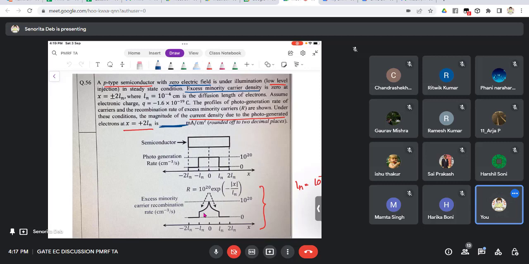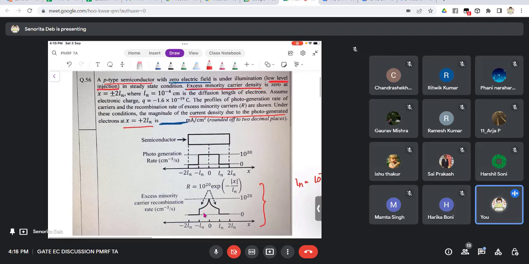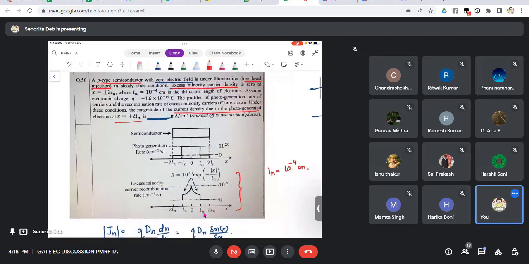Okay, so the question is a p-type semiconductor with zero electric field under illumination, low level injection. Low level injection means there will be minority carriers. As they have written, excess minority carrier density is 0 at x equals plus minus 2 Ln, where Ln, the value they have given, is the diffusion length of the electrons.